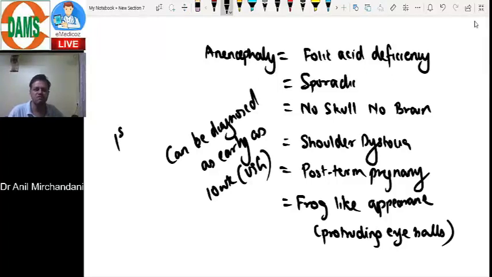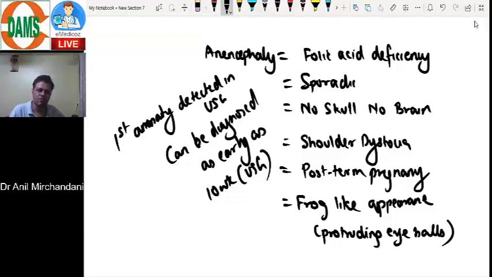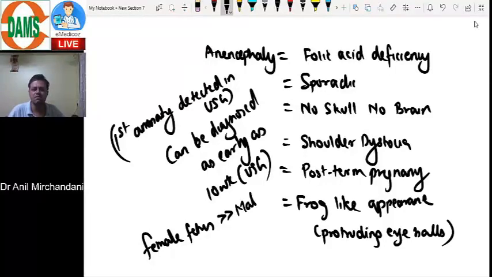So, it is the first anomaly detected in ultrasonography. As early as 10 weeks it can be diagnosed. Remember, female fetus more affected than male fetus. Earliest diagnosed in sonography by 10 weeks.